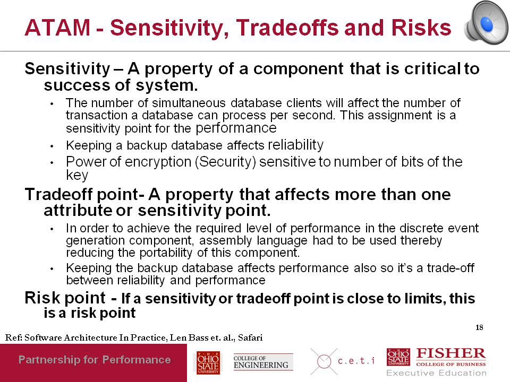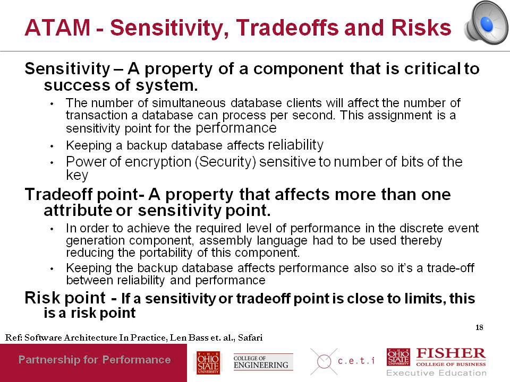The second kind of items that you want to bring out through this architectural analysis are what are known as trade-off points. A trade-off point is a property or a component that affects more than one quality attribute. In one case, it affects it positively. In one case, it affects it negatively. And finally, a risk point are those sensitivity or trade-off points which are close to the limit.